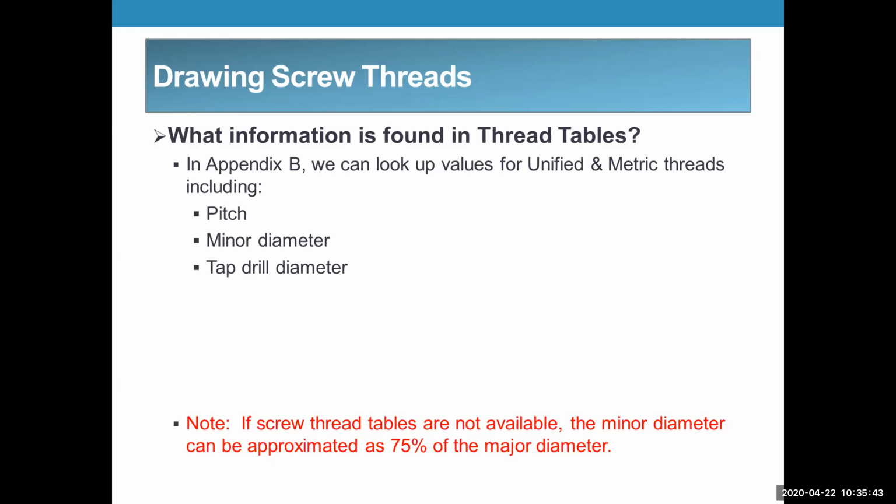So if it's a 1/4-20 tapped hole or a 1/4-20 screw, the minor diameter should be roughly 75% of the major, which is a 1/4 inch. So you just multiply 0.25 by 0.75, and that'll give you an approximate minor diameter.